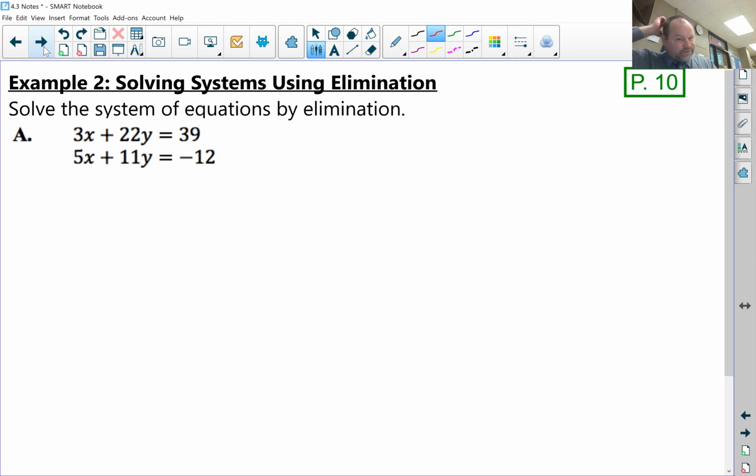And if I look, if I multiply the second equation by negative 2, then I would get negative 22y, and my y's would be the opposite. So if I can get opposites by just multiplying one equation, that's the preferred method.